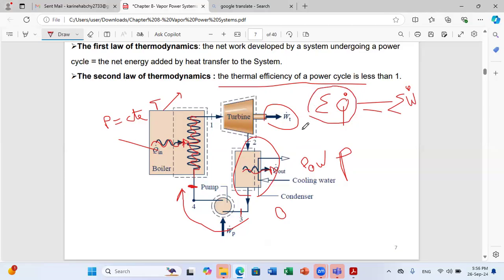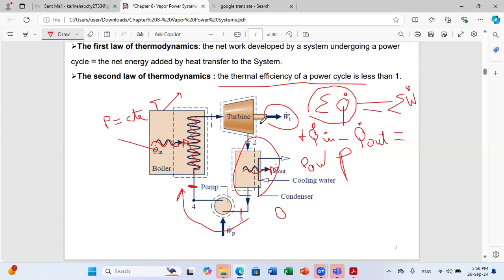So we should do plus Q dot in minus Q dot out. This is the net heat getting into our system, and this heat is transformed into work. So this is equal to the net work produced by the system.